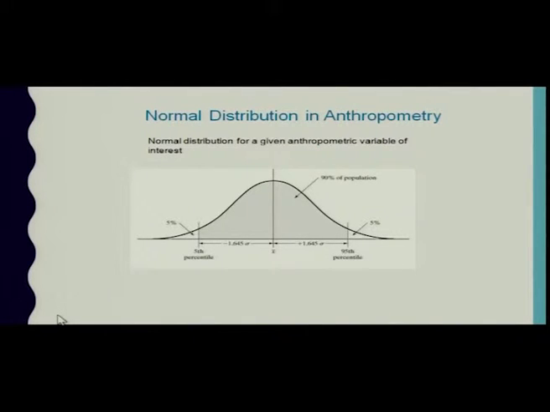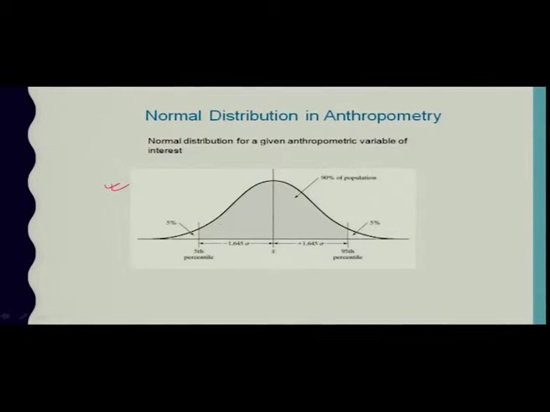So this is in brief the normal distribution curve in anthropometry, in which this graph is following a normal distribution curve, and this portion is capturing 90% of the population information. This bar is showing the 5th percentile value, and from the right side this is the 95th percentile value.